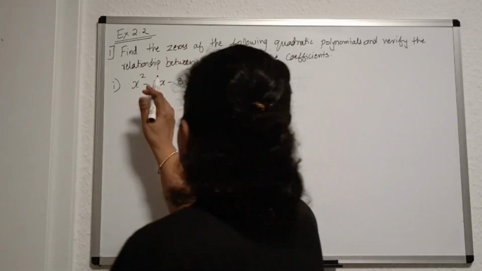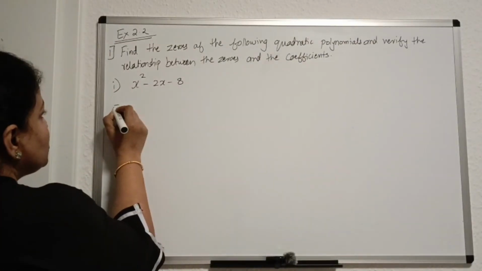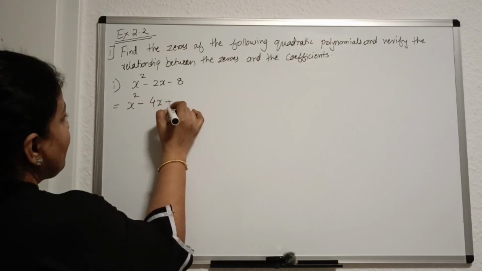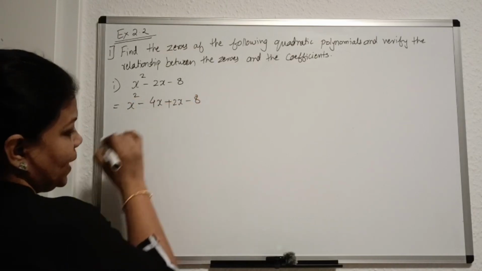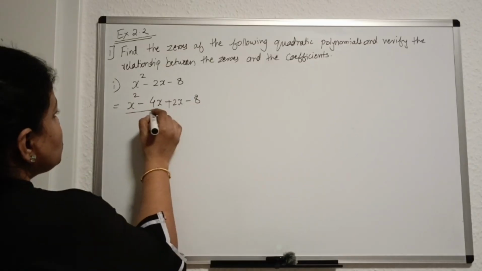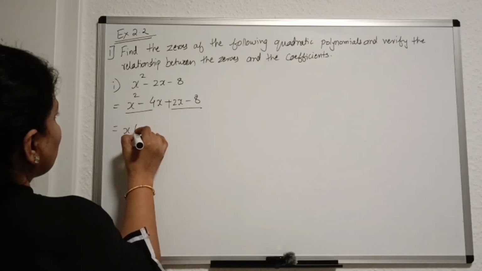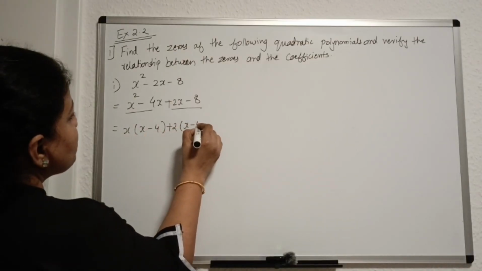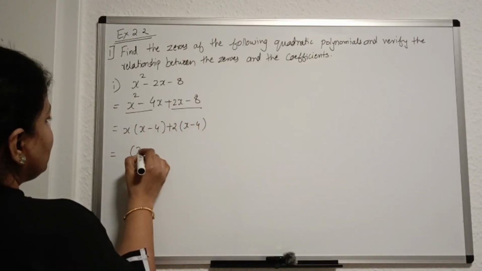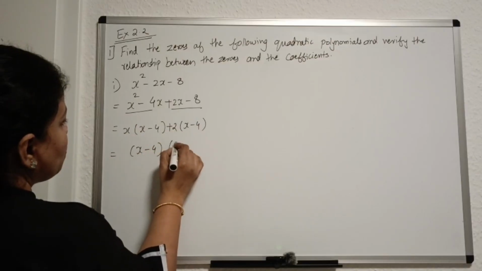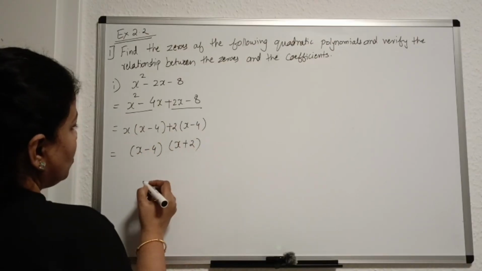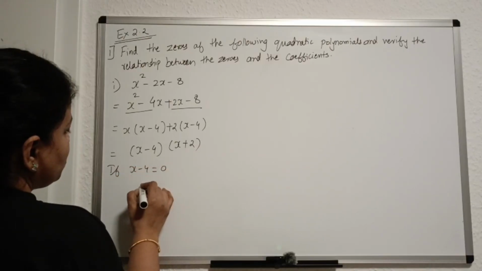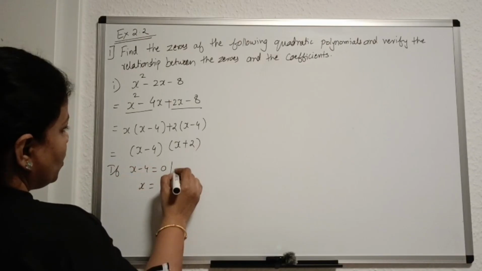First thing is to do the middle term splitting of this. I can split it as minus 4x plus 2x minus 8. Okay, so I can take x common: x(x minus 4) plus 2(x minus 4). So I get the two factors: x minus 4 and x plus 2. Now if x minus 4 is equal to 0, x is equal to 4.